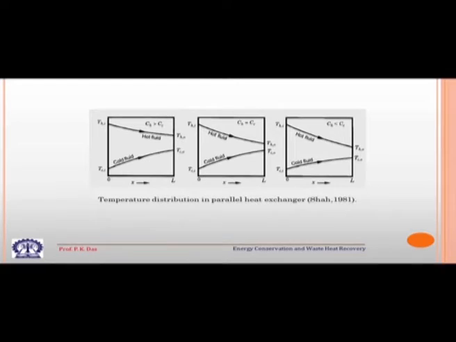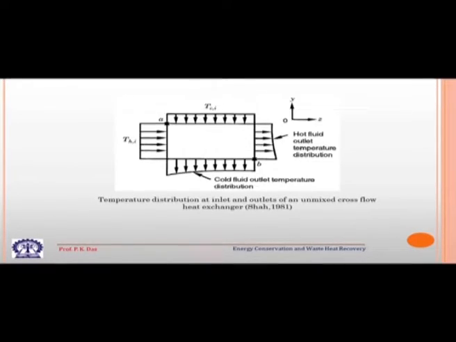As we proceed towards the exit end of the heat exchanger, this temperature difference reduces and becomes the minimum at the exit end. So, this is your parallel flow heat exchanger.